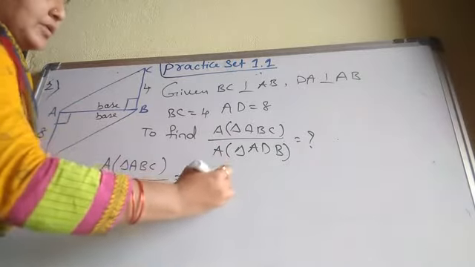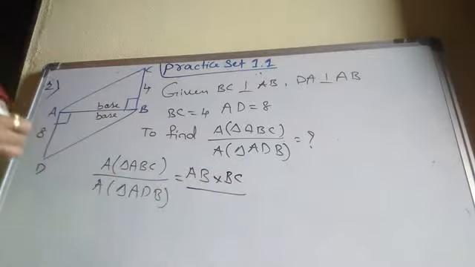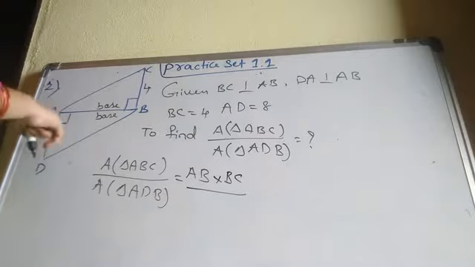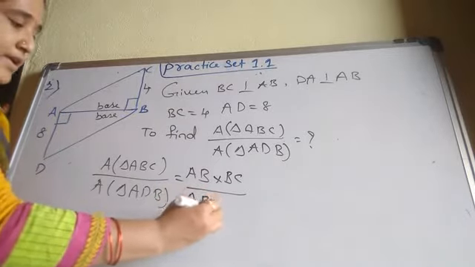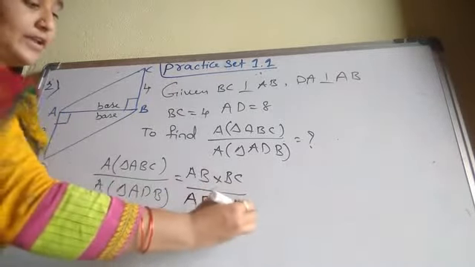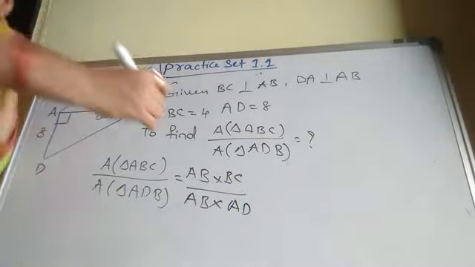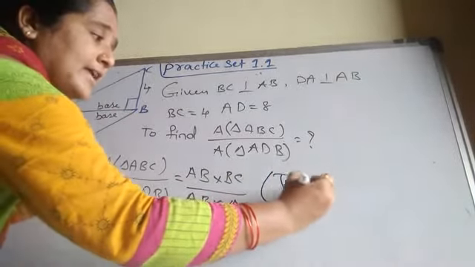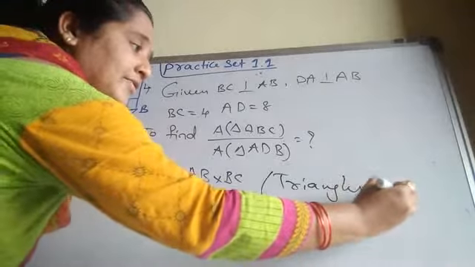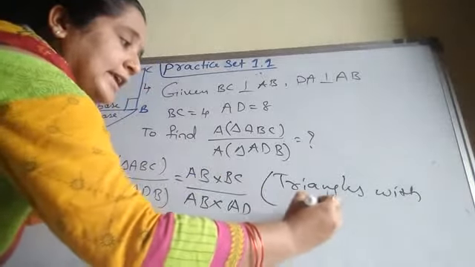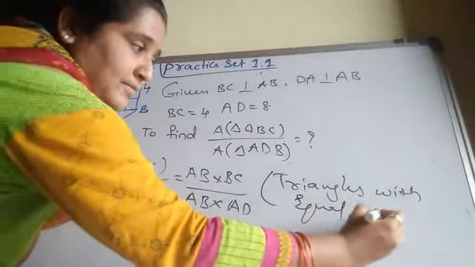AB into height, which is BC, upon, in the second triangle down, AB into AD. Okay. Here I will write triangles with equal base.